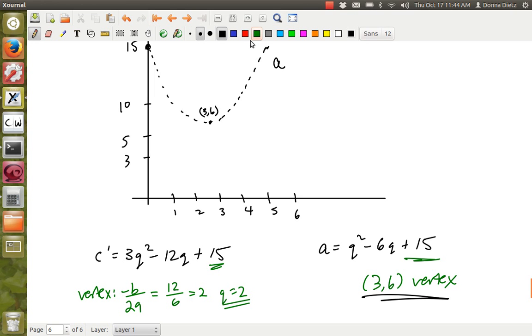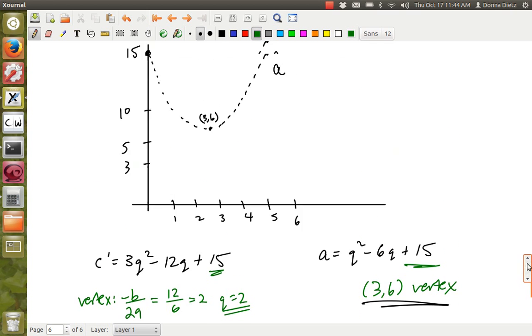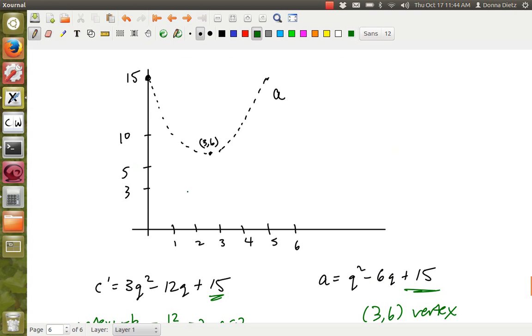Now I'm going to plot the other one, the other vertex is at 2, 3. There we go. And you could say, well, there's got to be at 4, this guy has to go up to 15. But make sure you don't accidentally forget this really important thing.